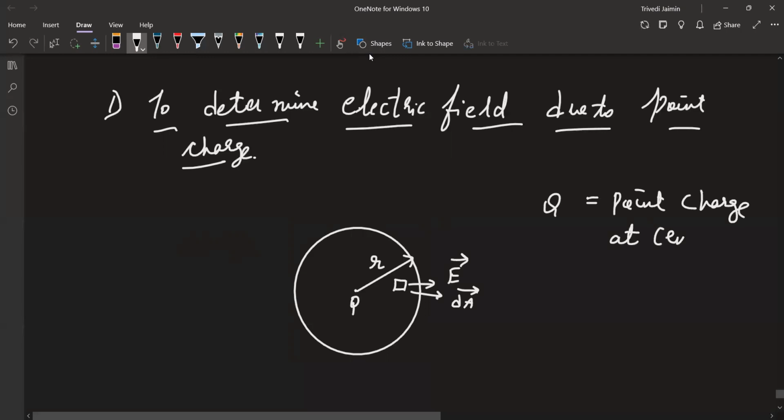at center of spherical surface. Now this E and dA.